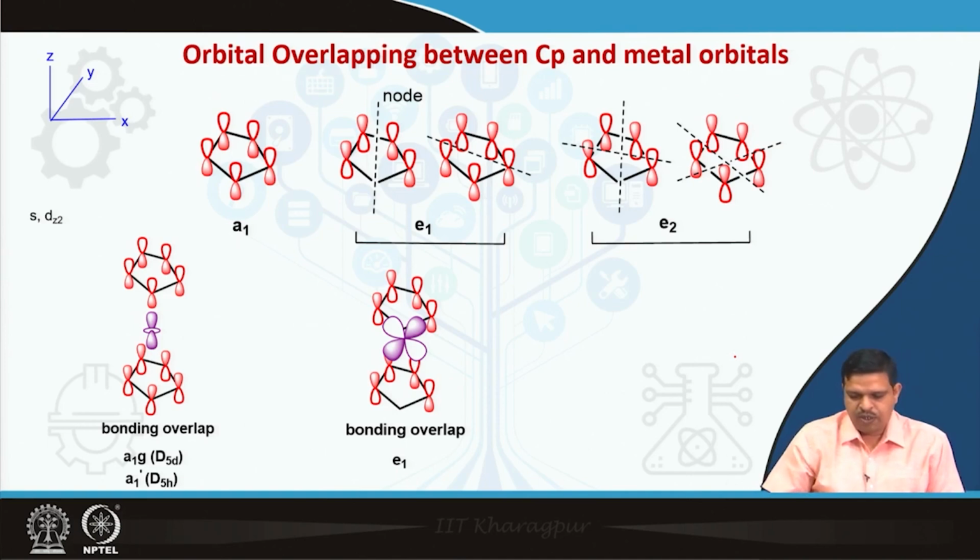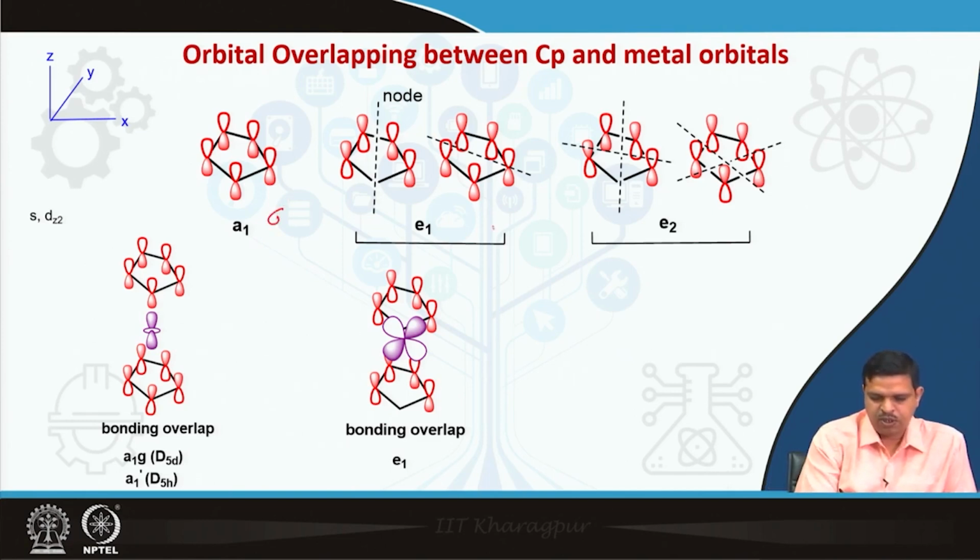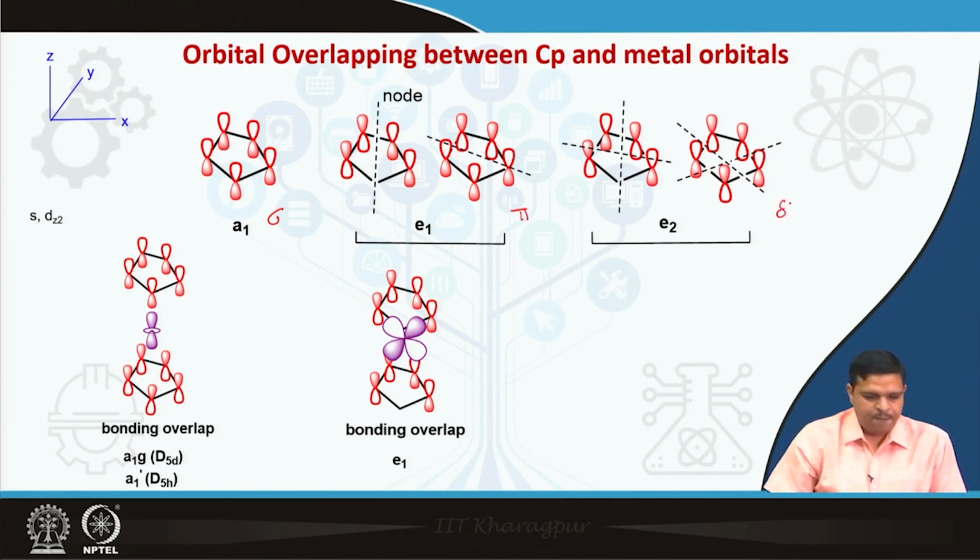In the last classes we understood very systematically what the pi orbitals of the Cp ligands are, that is the sigma symmetry, the pi symmetry, and the delta symmetry. We then checked the symmetry of these pi orbitals, that is the ligand group orbitals of the two Cp ligands, and tried to match them with the atomic orbitals of the metal, and then constructed the molecular orbitals.